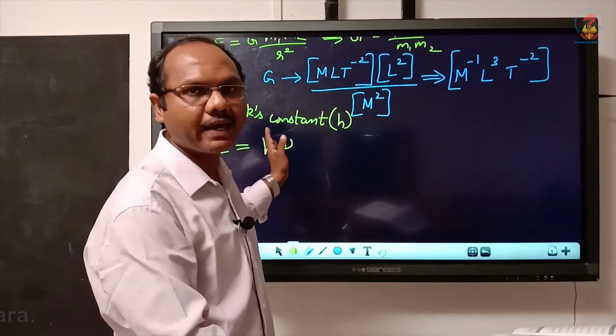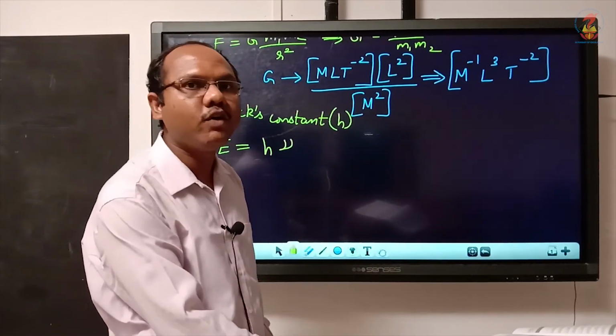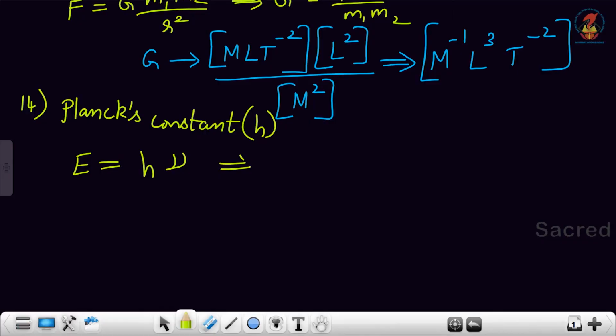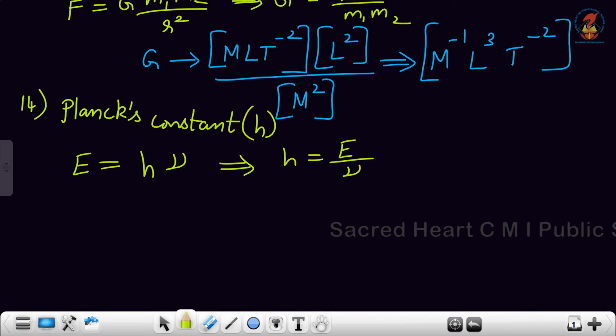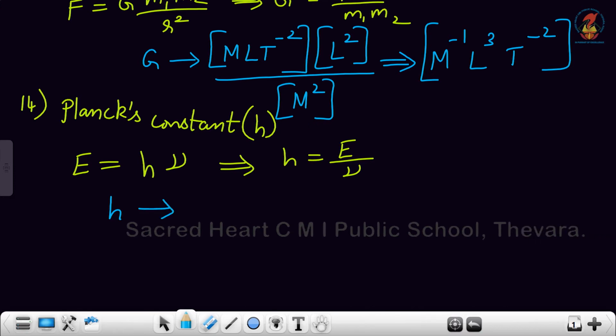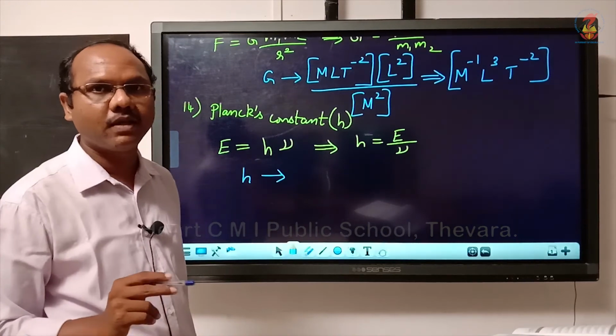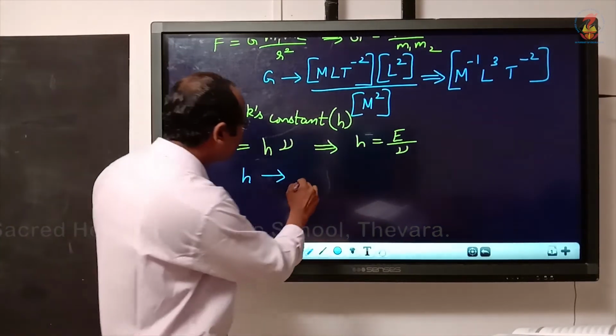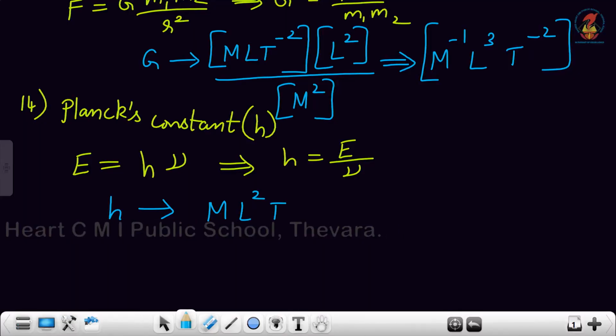E for energy, H for Planck's constant, and nu for frequency. Therefore, we can write H is equal to E by nu. Now let us find the dimension. Dimension of H: dimension of energy. What is the dimension of energy? Yes, M L square T minus 2.